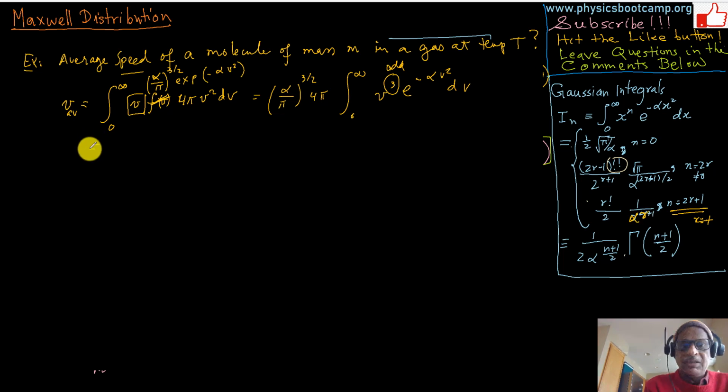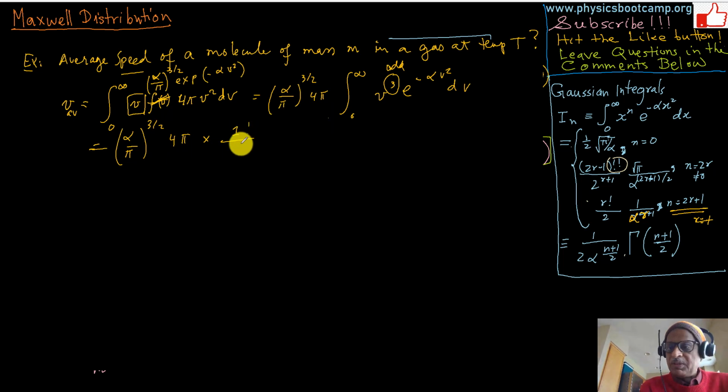So this is equal to alpha over pi to the 3/2 times 4 pi, and we have r equals 1 factorial, over 2 times 1 over alpha to the power 2.